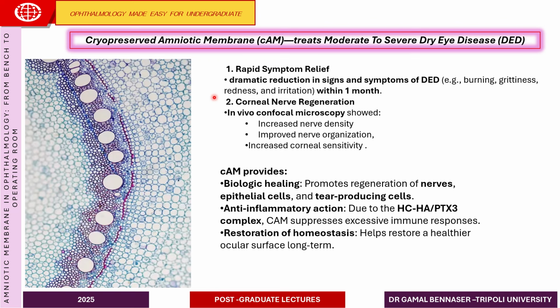The reason is that it not only provides immediate relief of symptoms and a dramatic reduction in the signs of dry eye, but they also found that it helped in corneal nerve regeneration. This is documented by in vivo confocal microscopy, comparing patients before and after application of this membrane, and they found a tremendous increase in the density of the nerve fibers and the plexus, and an improvement in corneal sensitivity in these patients.